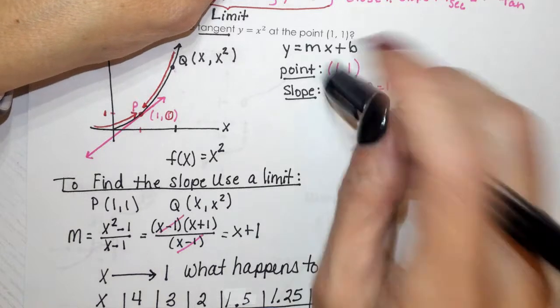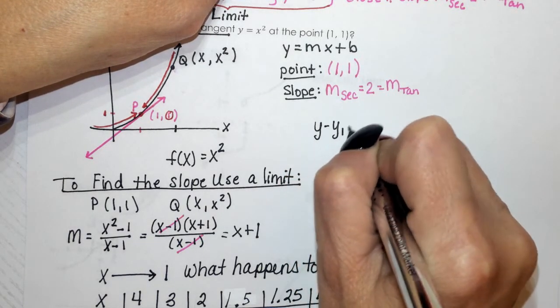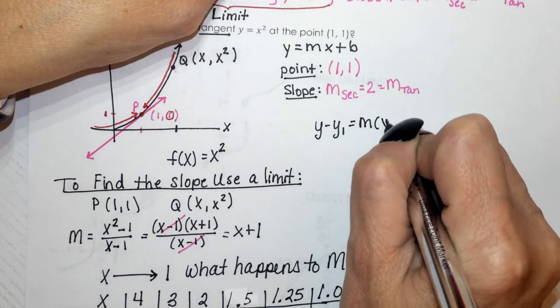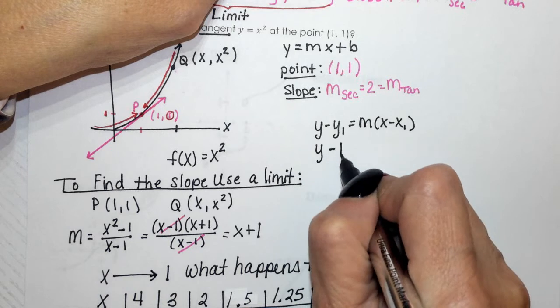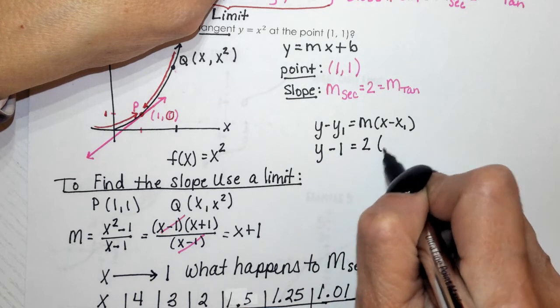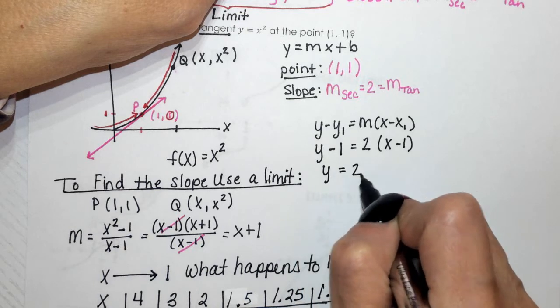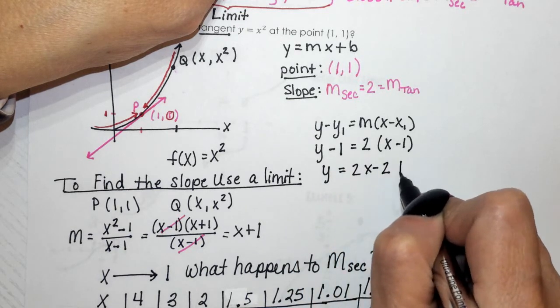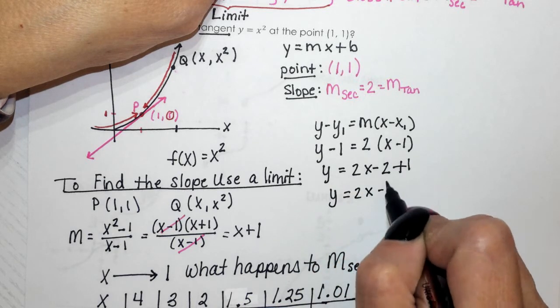Okay, so here we go. We know the slope. We know the point. Let's do the math. Y minus y1 equals the slope times x minus x1. Here we go. Y minus 1 equals 2 times x minus 1. Y equals 2x minus 2 plus 1. Y equals 2x minus 1.